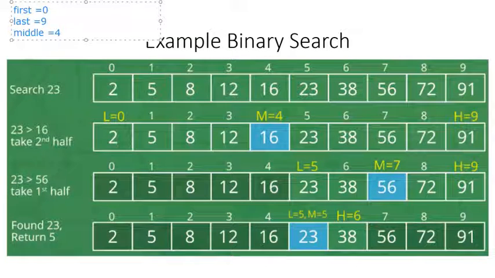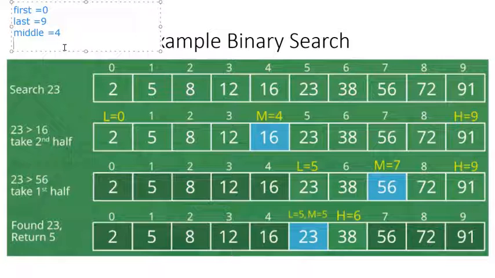And what is the value that we want to search for? Let us suppose that we want to search for 23. Now, what is the value of the element in the list at index number 4? As you can see in the figure, the value of the element at m equal to 4 is 16. Now, is 16 equal to 23? The answer is no. Is 16 less than 23?